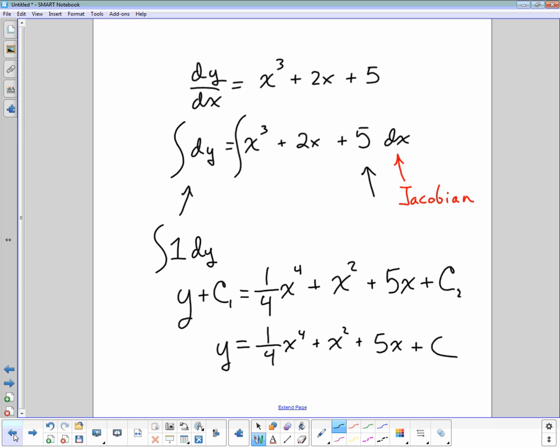In a definite integral, things would be plugging. Okay. In a definite integral, yeah.